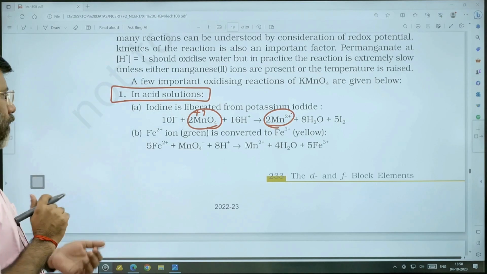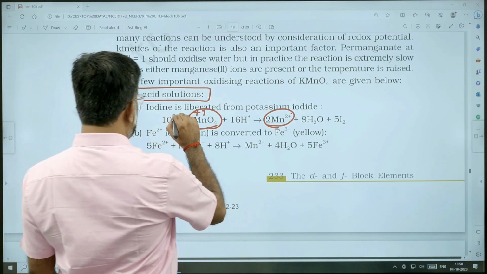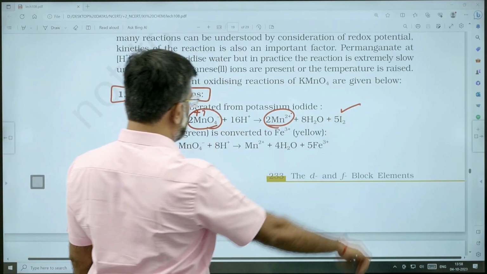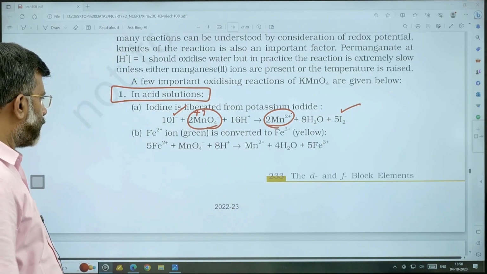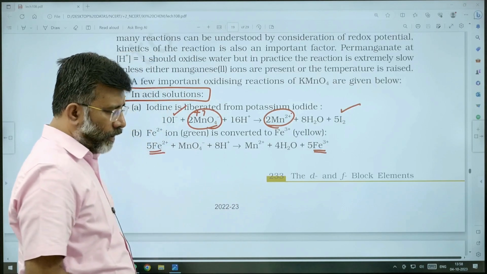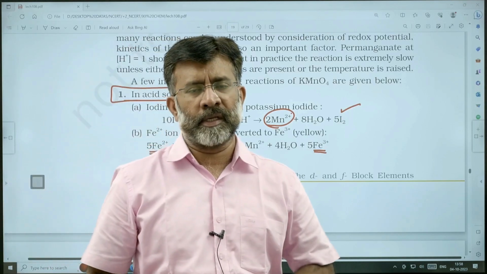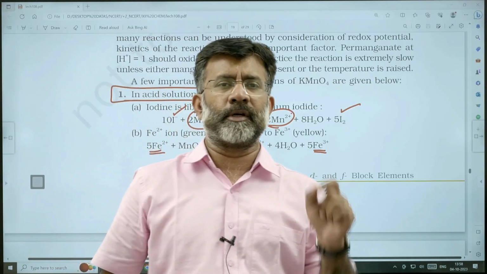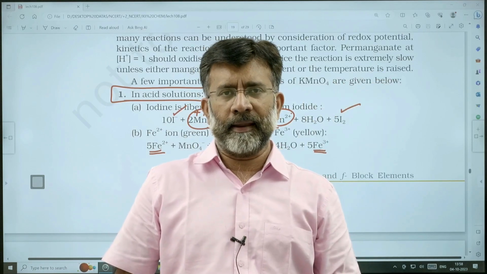That will be a common point. And here you can see iodide is oxidized to iodine. Ferrous is oxidized to ferric. In all the cases, permanganate will be reduced to Mn2 plus in acid medium.